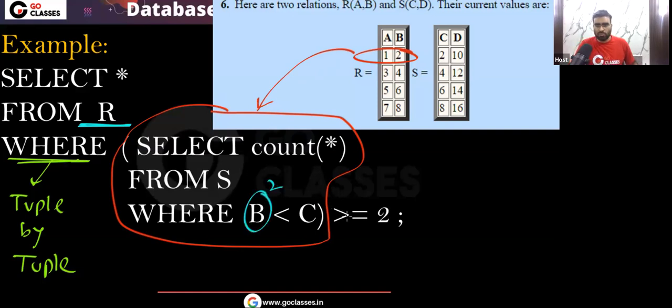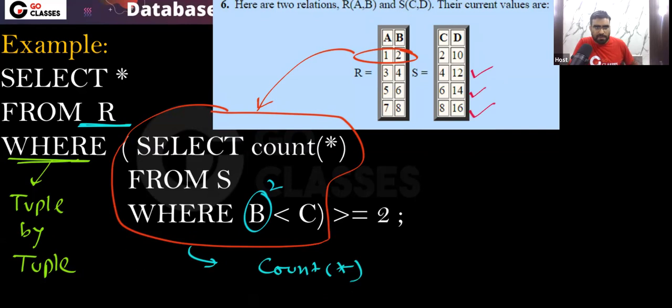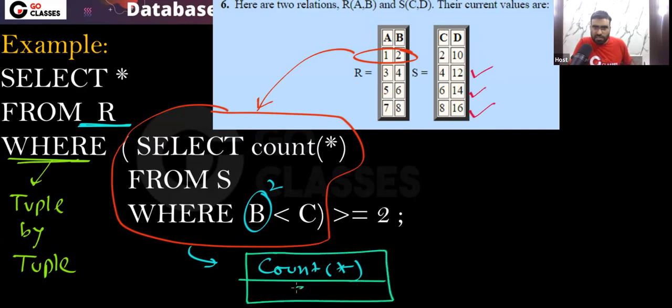So count star from S where C is greater than 2. These tuples will pass, so the result will be count star and here 3.